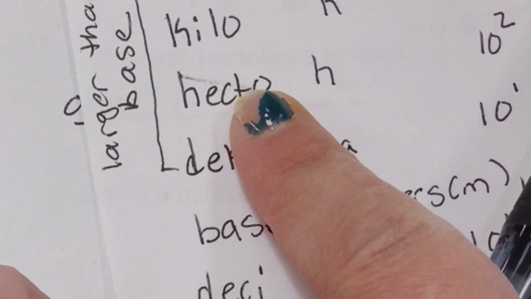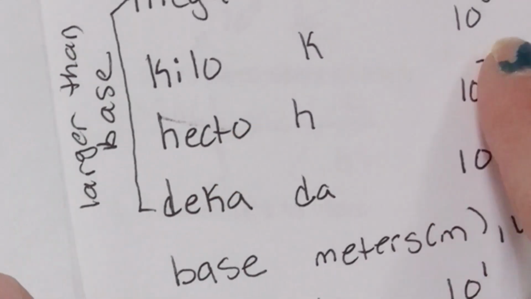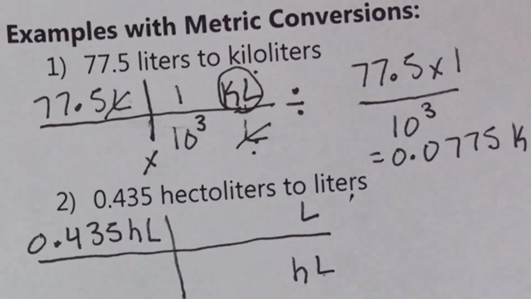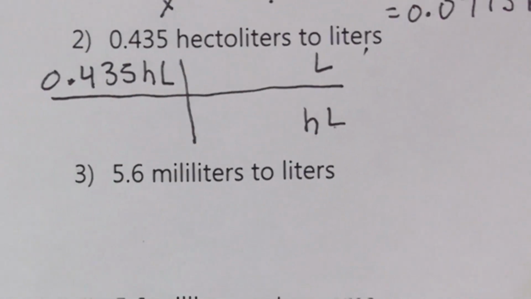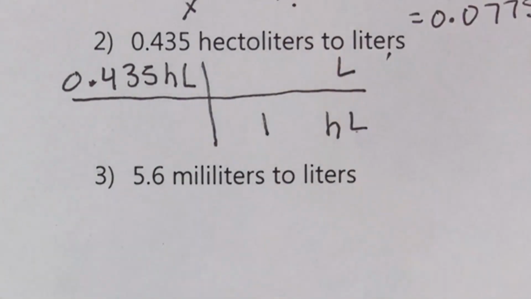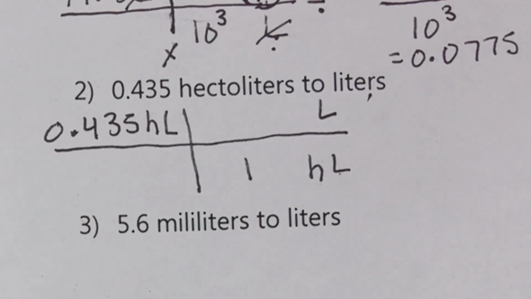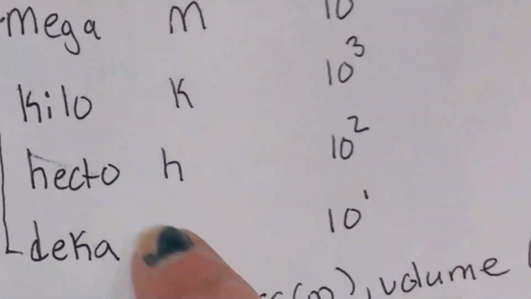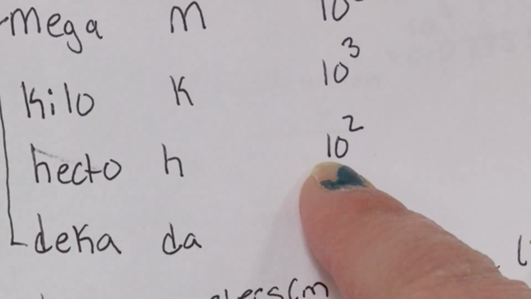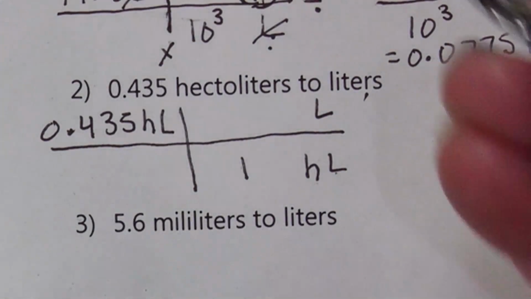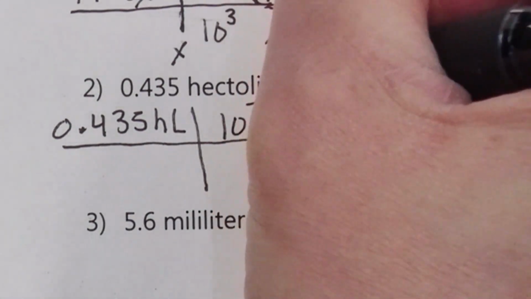So hecto is larger, and so that is going to get the 1. So hecto gets the 1 because it is larger. What number goes with the liter? And that's my conversion factor for hecto, which is 10 to the second.